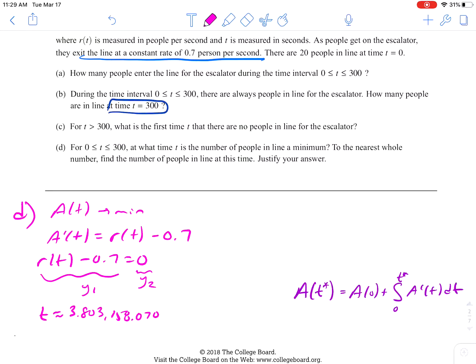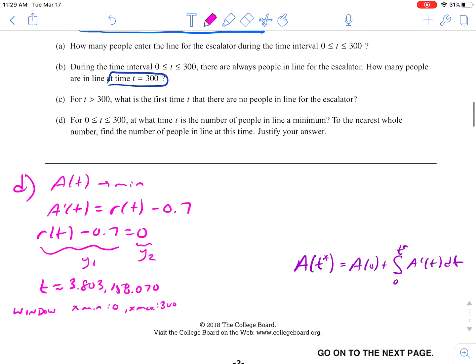The window that I used that ended up being convenient here was x min 0, x max 300, because that's the time interval we're on. And for y, I found that -5 to 5 worked pretty well. But things like that, you've got to play around with it a little bit until you get a good view. But those are the two t values.